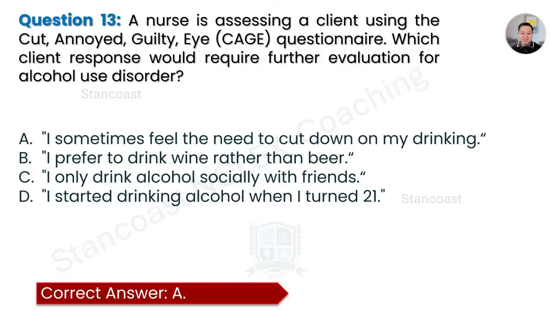The age at which someone starts drinking is not an indicator of alcohol use disorder by itself. And just to review on the CAGE questionnaire, it does not assess when drinking began, but rather focuses on the consequences and feelings associated with drinking. And don't forget about the CAGE.